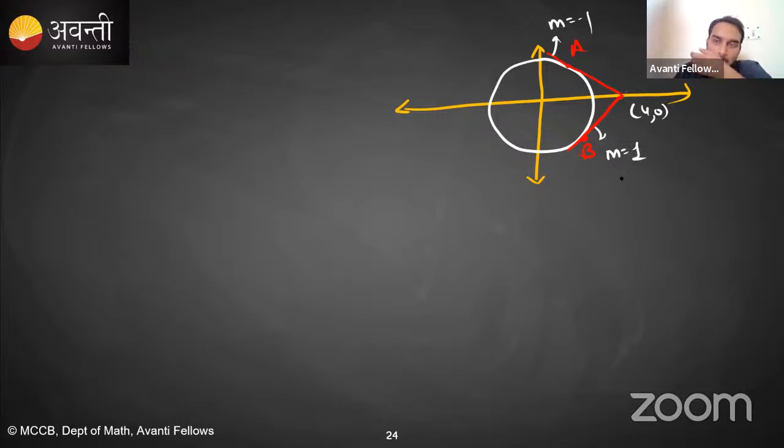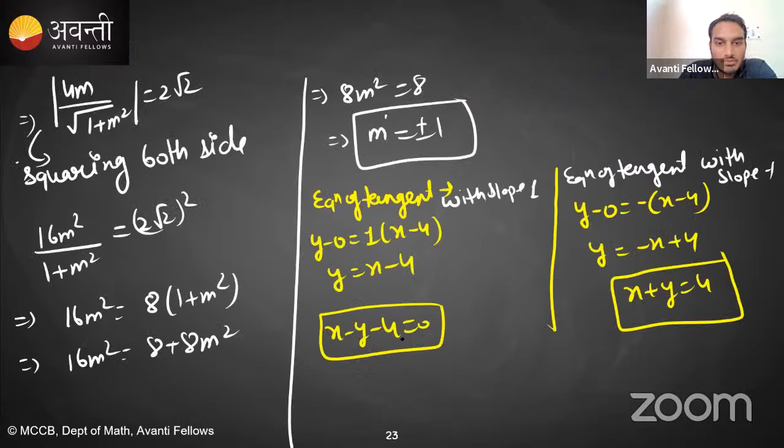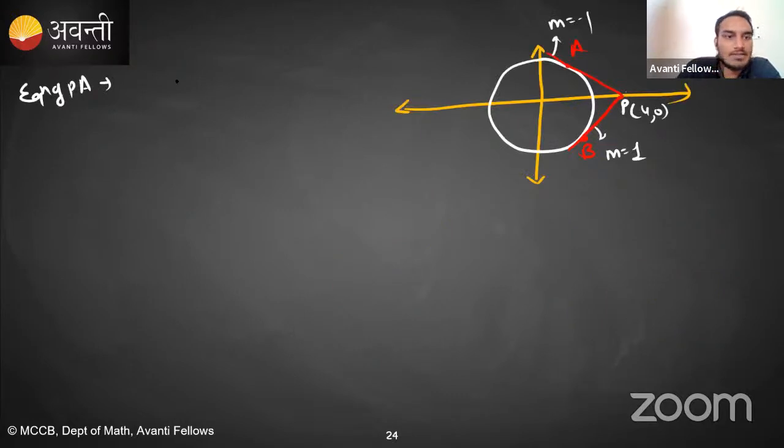If it is clear, students, let's say this is the point P. So the equation of PA corresponds to slope minus 1, which is x plus y is equal to 4.